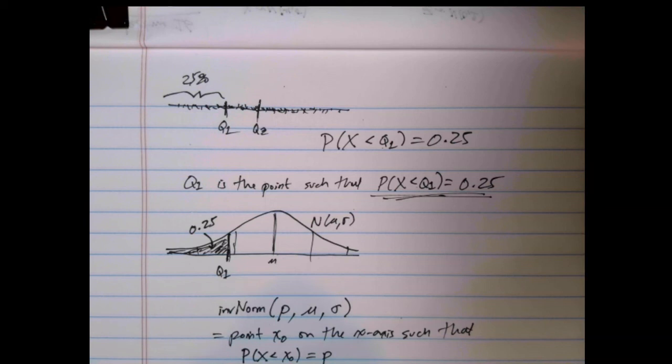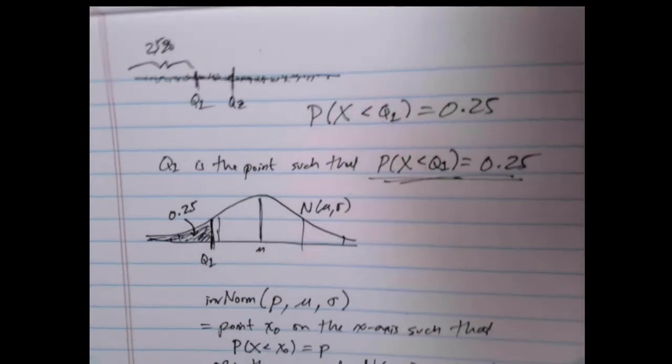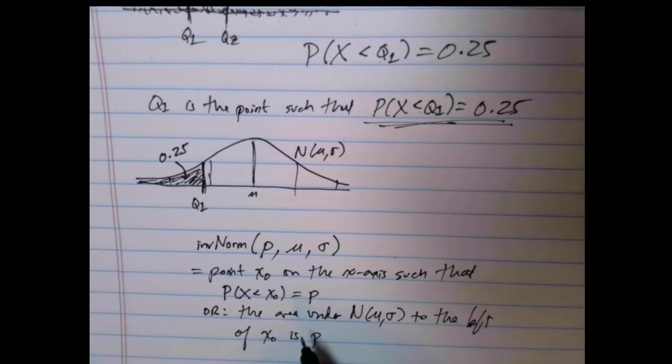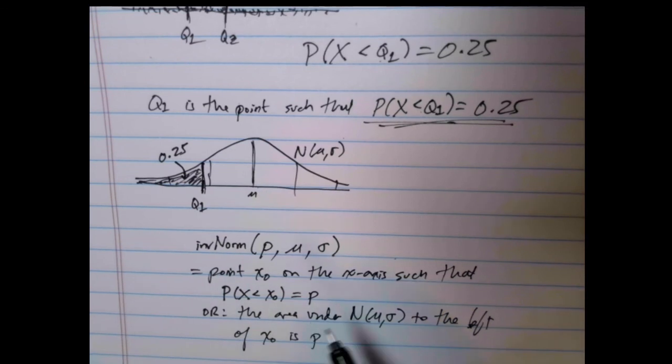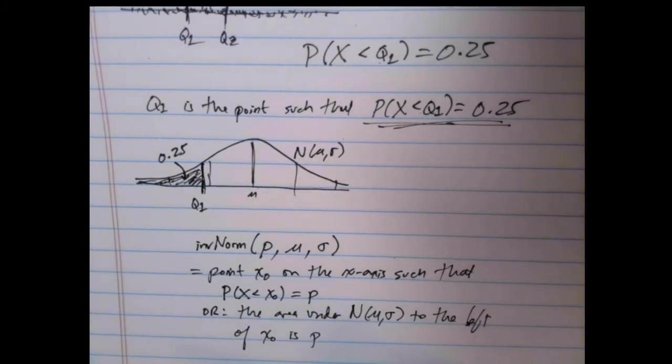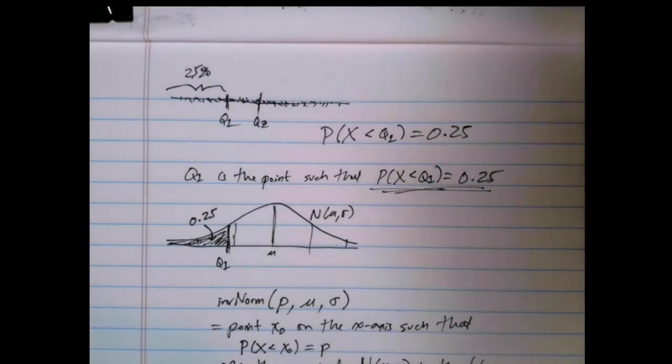Or, if you prefer, such that the area under the normal curve with mean mu and standard deviation sigma to the left of x0 is p. That's the same thing. Probability that x is less than some number is the same as the area to the left of that number under the PDF.